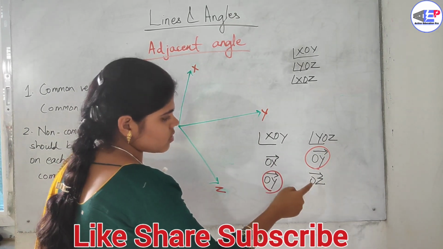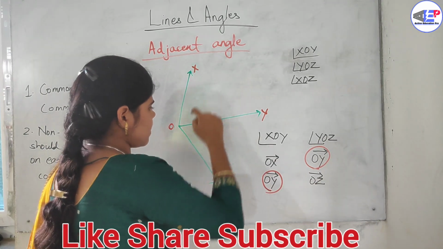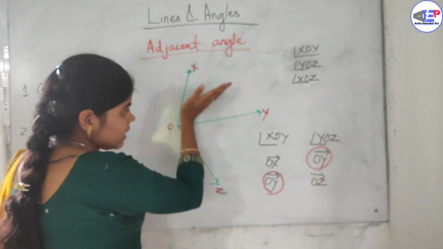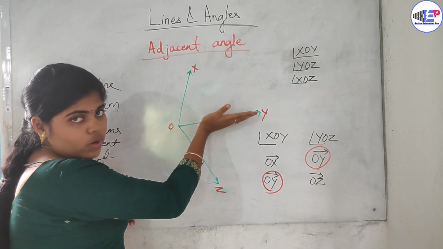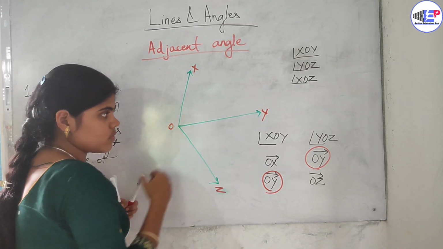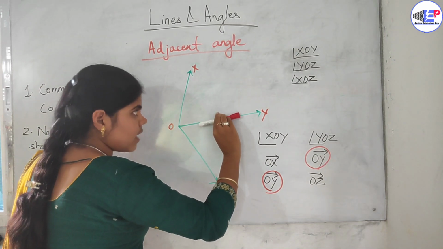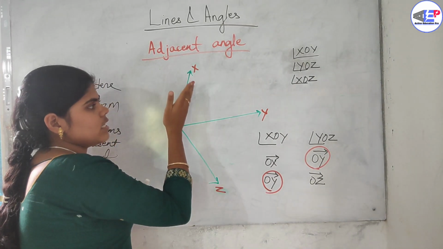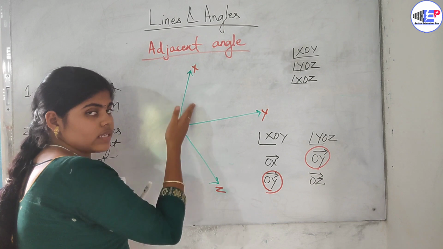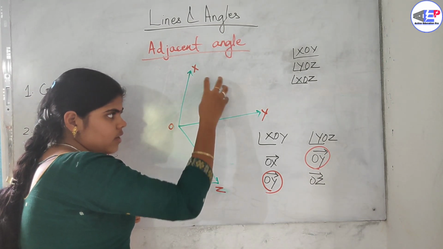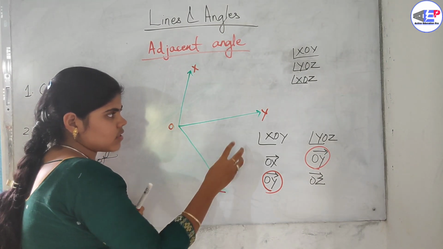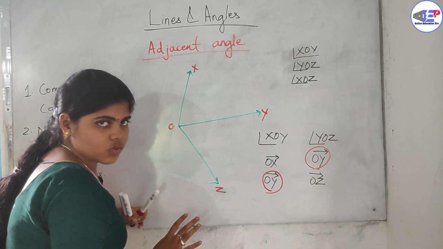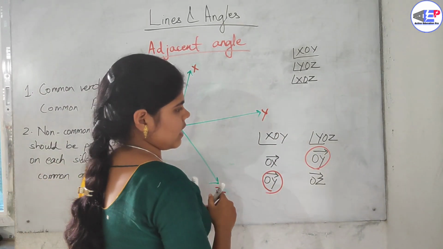Here both these non-common arms OX and OZ are present on each side of this common arm OY. OX is present on the upper side of OY and OZ on the lower side of this common arm OY. So these two angles are adjacent angles.